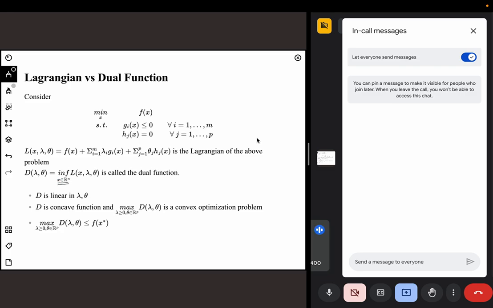Here, if you see the difference, this x belongs to Rn and not x belongs to S. In this problem, x should belong to S, where S is defined by this particular combination. But the moment we convert it into the Lagrangian formulation, we are solving the problem as an unconstrained optimization.